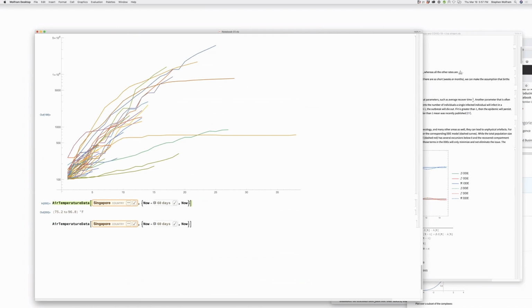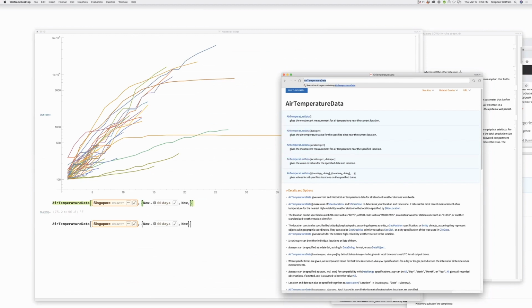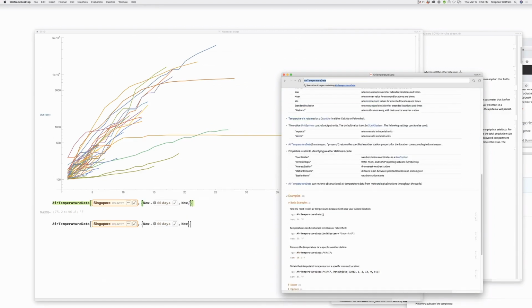Okay. What did I do wrong here? I'm very confused by this. I think again you have to specify the granularity in some way. You should just go to the documentation for air temperature data. Yeah, I was doing that. I wasn't seeing what air temperature data, location spec, date spec. Just go to the example. Yeah, the step specification for step. It was just saying it. All right. Okay.